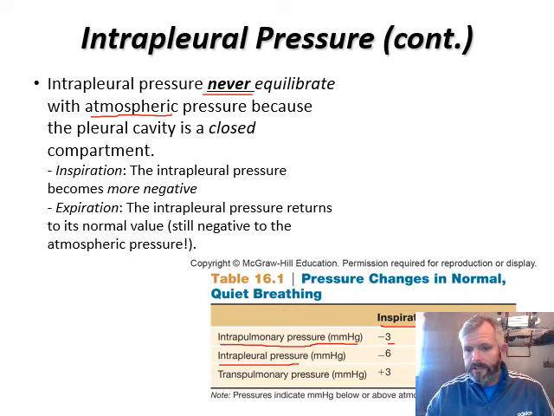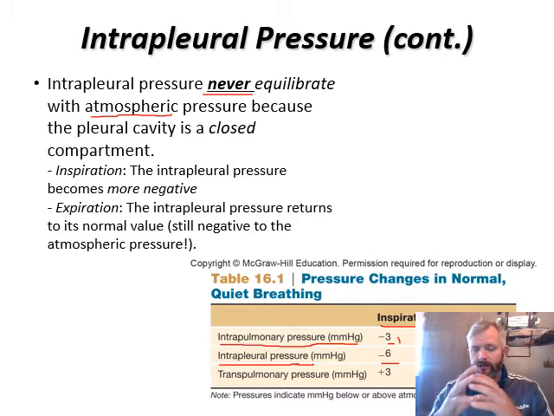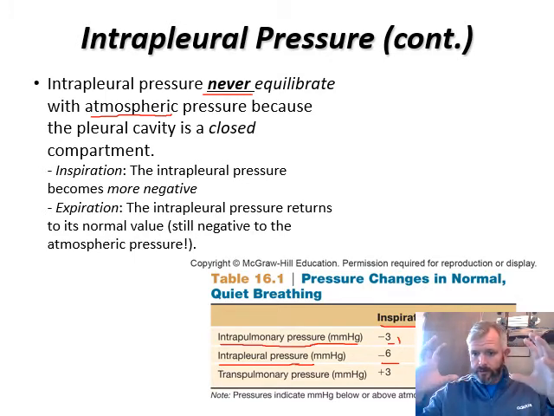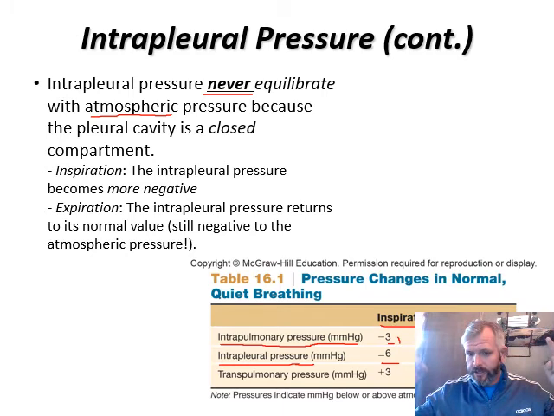Plus 3 is above atmospheric. It's higher than the atmospheric pressure in the environment. But what you see is the intrapleural pressure is always below the pressure in the lungs, and that allows the lungs to stay tethered to the wall. If the pressure inside the lungs is more, it's going to keep the lungs stretched and keep them pushed against the wall.